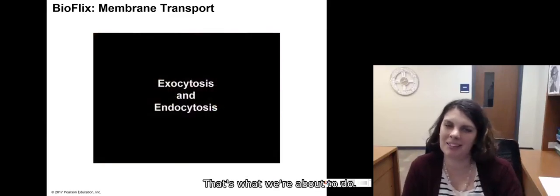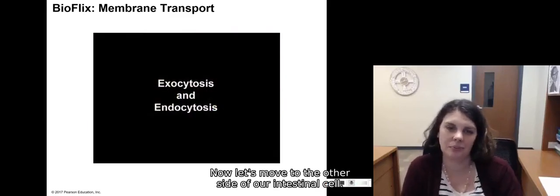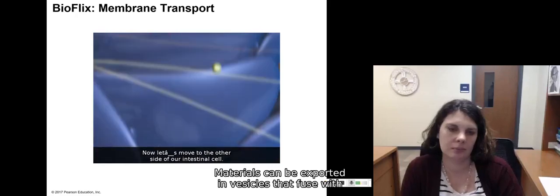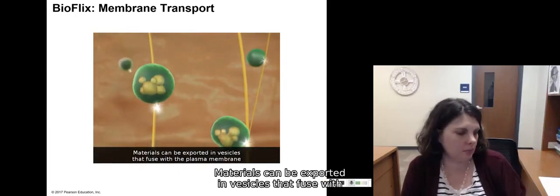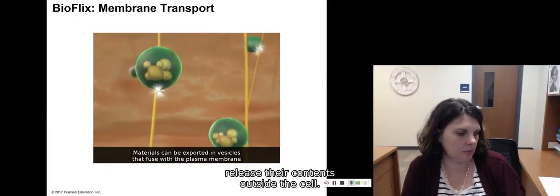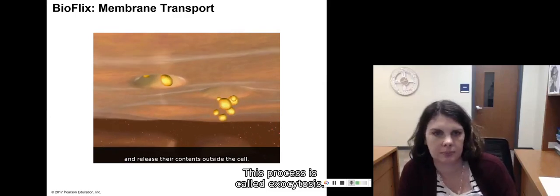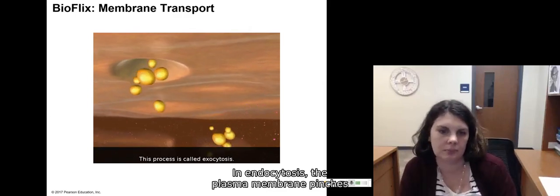We haven't talked about these yet. That's what we're about to do. Now let's move to the other side of our intestinal cell. Materials can be exported in vesicles that fuse with the plasma membrane and release their contents outside the cell. This process is called exocytosis.